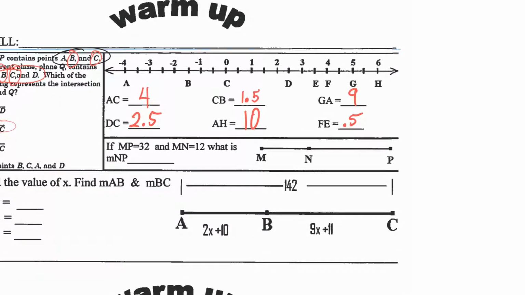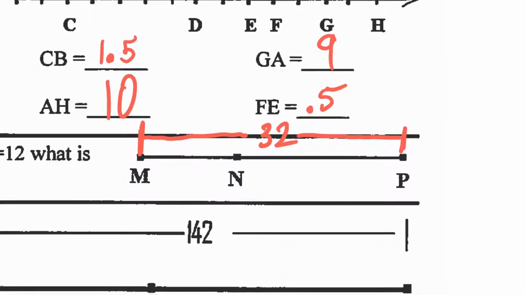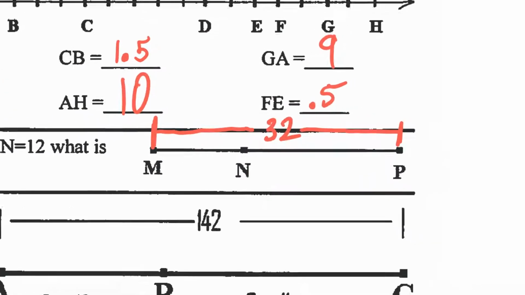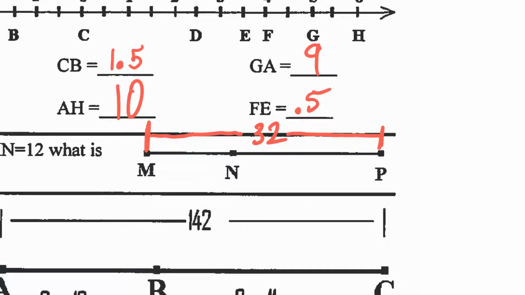Okay, next thing here in the middle, just squeezed in here, it says MP is 32. So that's talking about all the way from here to here is 32. So all the way from M to P is 32, and then it says that MN is 12. So from here to here is 12. And what we want to know is how long is NP?